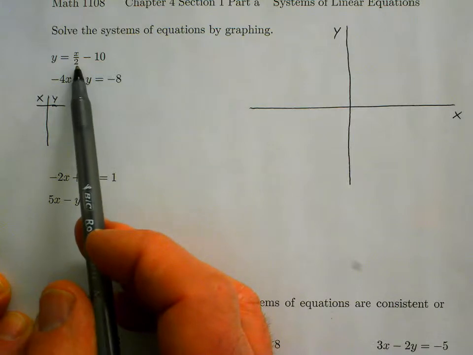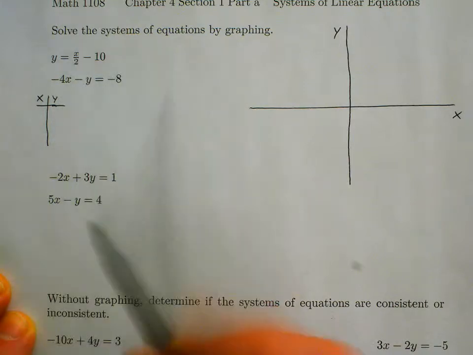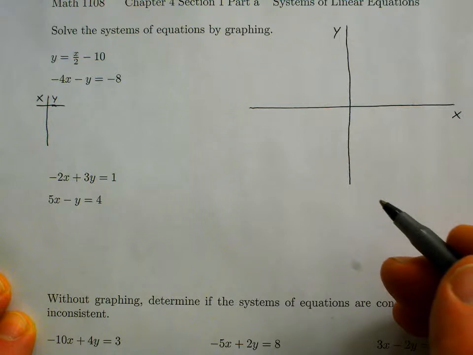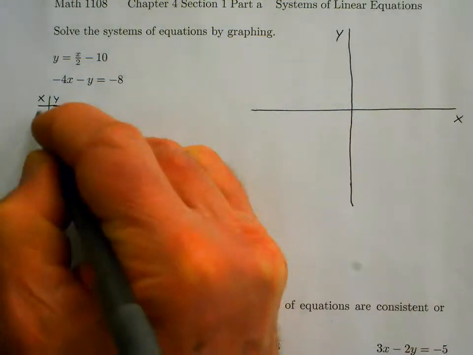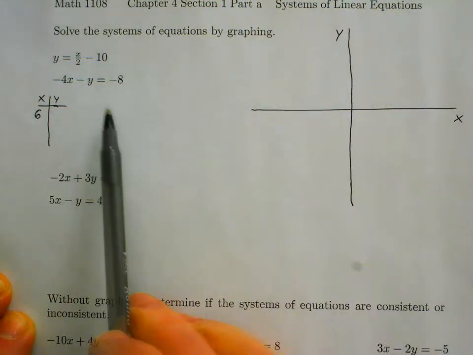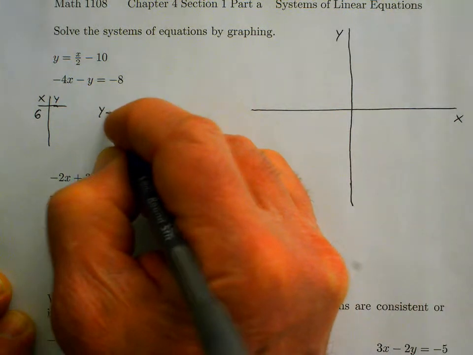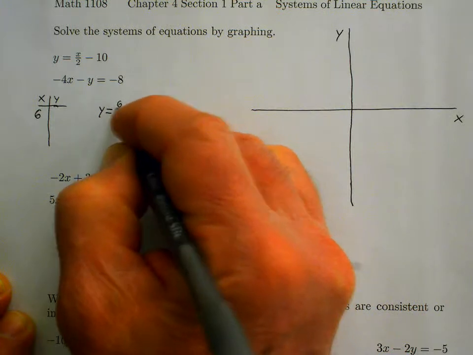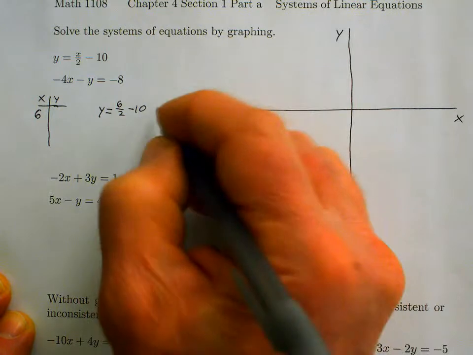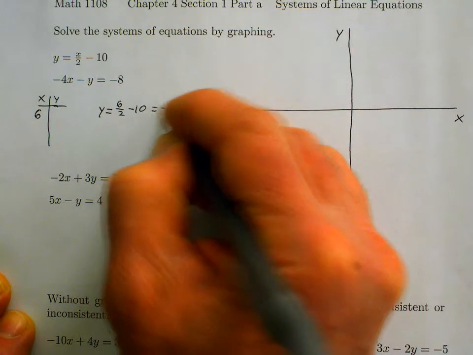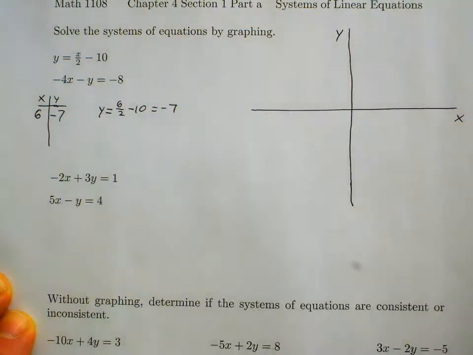So let's see, if I pick x to be 6, then the y-coordinate is 6 over 2 minus 10, or 3 minus 10, which is negative 7. Still pretty far away.